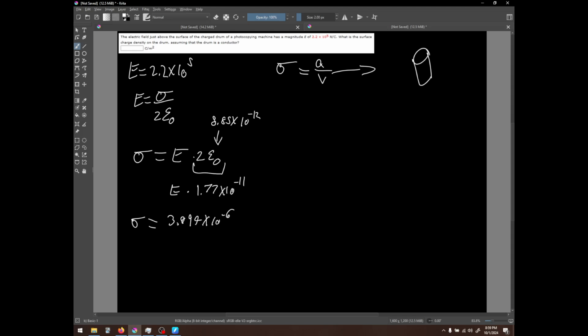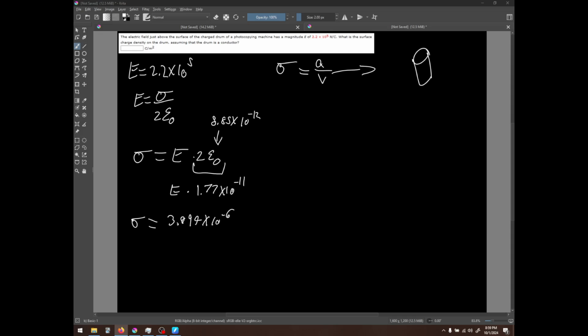Does it look right? 3.894 e to the negative 6. What's wrong?